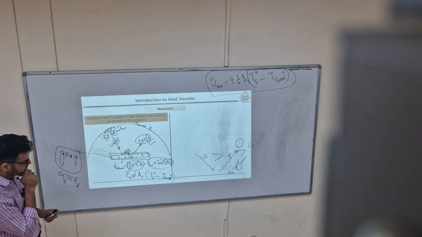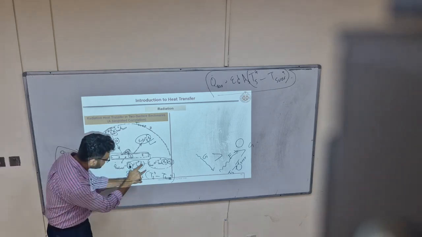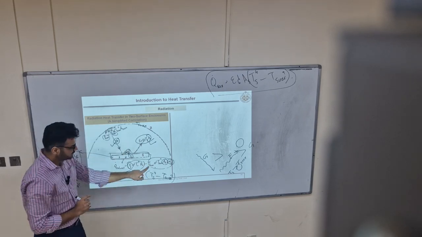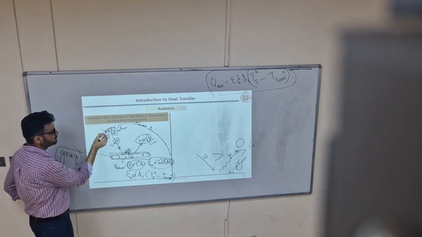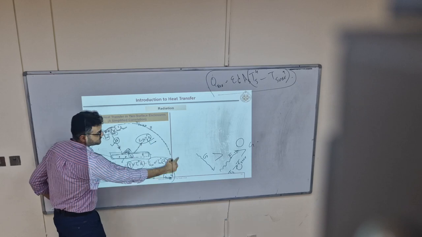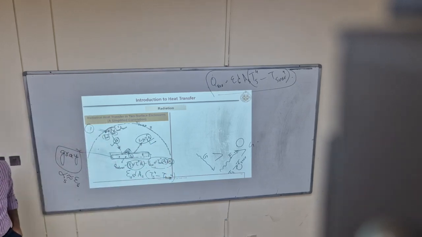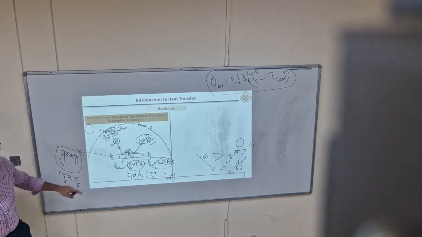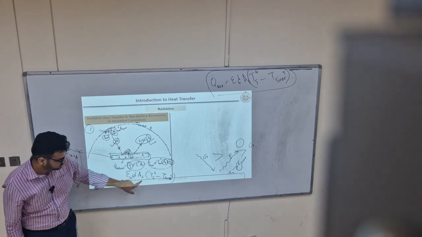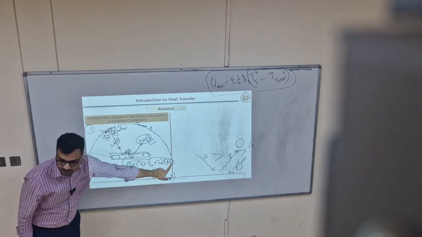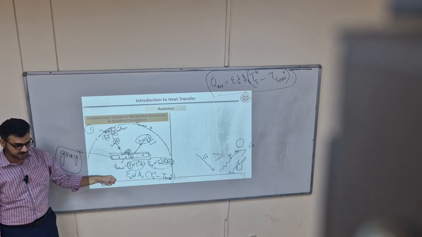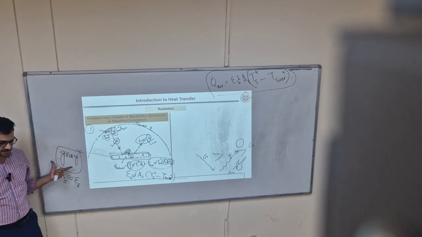And there is one more assumption. Where is eta of surrounding? This is assumed as 1, meaning I'm assuming the surrounding surface is a black body. That's why it is not here. This one is equal to this one, absorptance equal to emittance for that surface, because it is a gray surface.